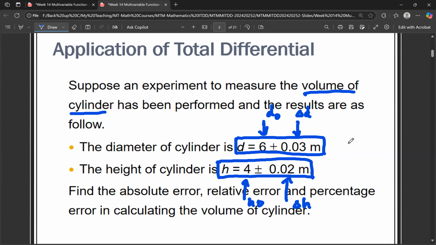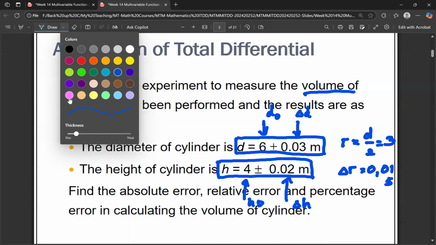Sometimes maybe we use not d but r, where r is d over 2. So we have r will be 3, and delta r will be 0.015.